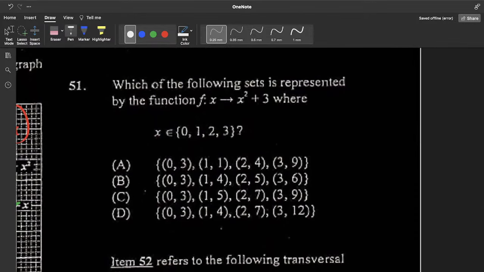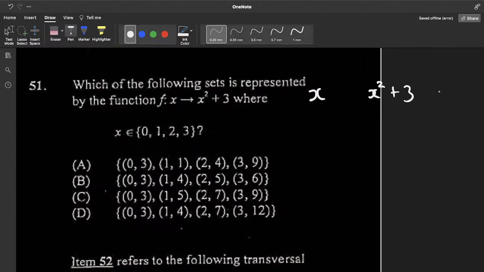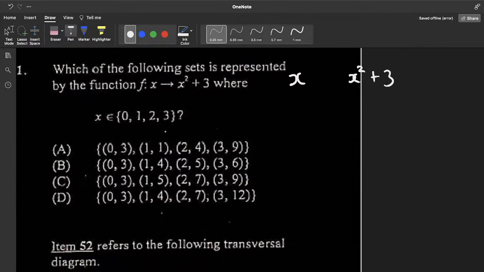So we're back with a similar question here again. 51. Which of the following sets is represented by the function x, then we're going x squared plus 3. So in essence, this is like the same thing we did just now. We have an x first, and then our answer over here is going to be x squared plus 3. So we're using it for these numbers here, 0, 1, 2, and 3.